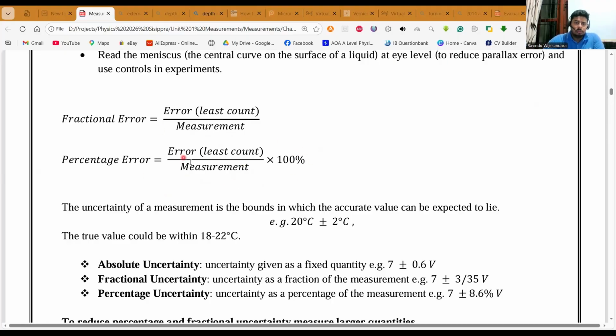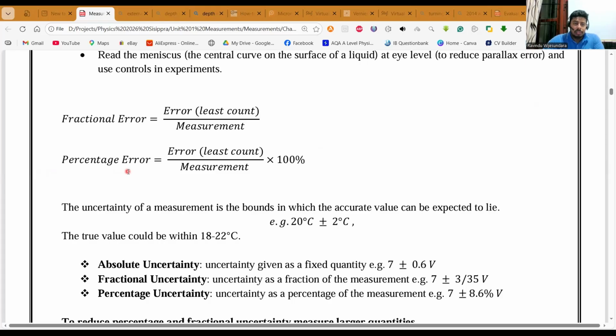So if you have a smaller measurement and a larger least count, what will happen? This one is small, this one large, and you will get a larger percentage error. So this was the problem with the meter ruler. If you need a more accurate measurement, then you have to have a lower percentage error.